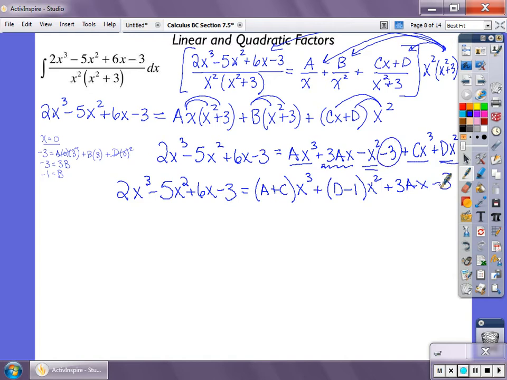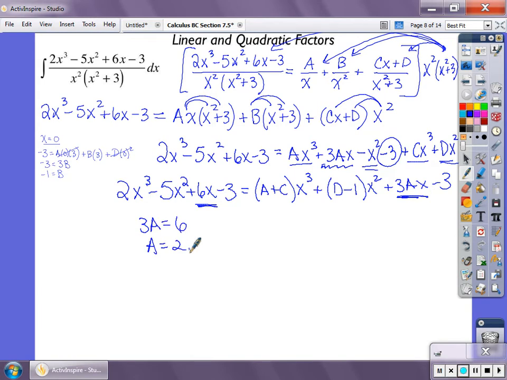Now, in order for the right side to be the left side, these coefficients, a plus c, d minus 1, and 3a, have to be the same coefficients over here of 2, negative 5, and 6. So the first one I'm looking at is just 3a times x. In order for these two terms to be the same, 3 times a must equal the 6, and therefore a is 2.